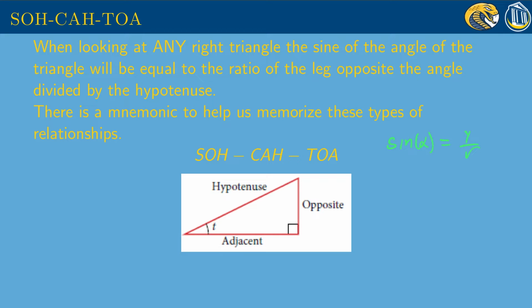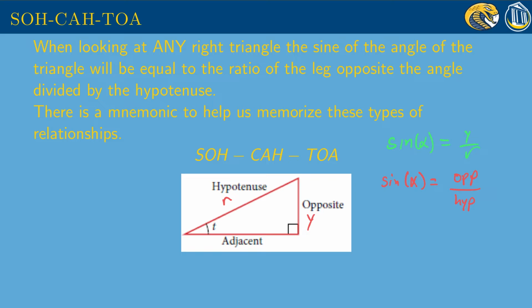And therefore, we can think of sine as the ratio of the leg opposite the angle, this would be the height y, divided by the hypotenuse, this would be the radius. This gives us a new formula that says sine of alpha equals opposite over hypotenuse.